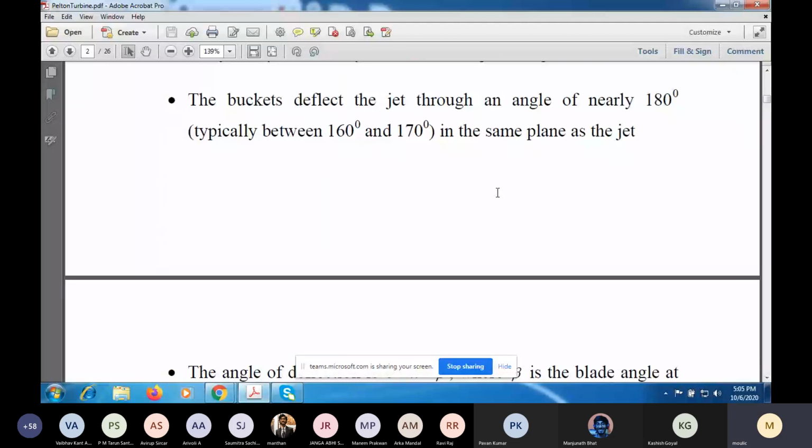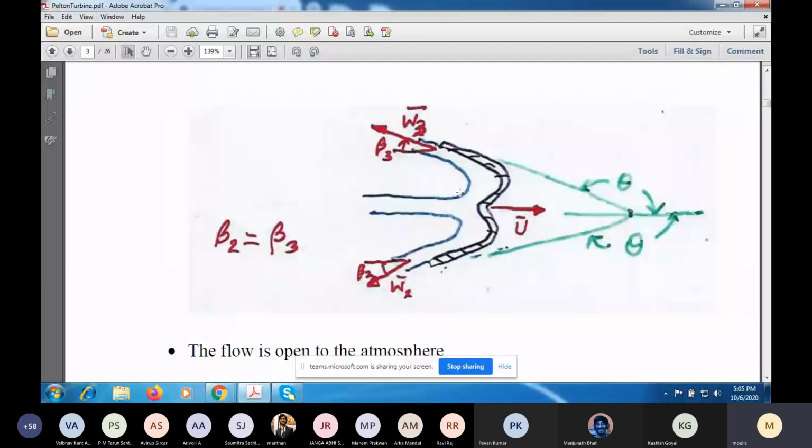So here is another small view. You see the oncoming jet is deflected through an angle which I am calling theta. The angle through which the jet at the bottom is deflected and the jet at the top is deflected are usually the same when the shape is symmetric. Now we define another angle which is called the blade angle, which is the angle between this tangent to the surface and this horizontal here.